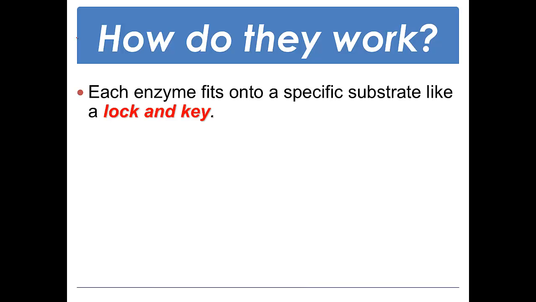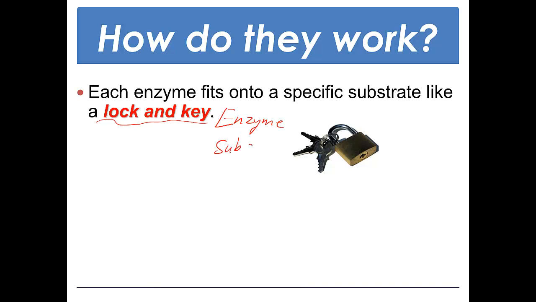In biology, there is a very classical, well-known metaphor for describing enzymes, which is called the lock and key. So let's have a look at this lock and this key. One of them will represent the enzyme, and the other will represent the substrate. Let's think about which one is the lock and which one is the key. Imagine there are thousands, millions of locks you need to open.